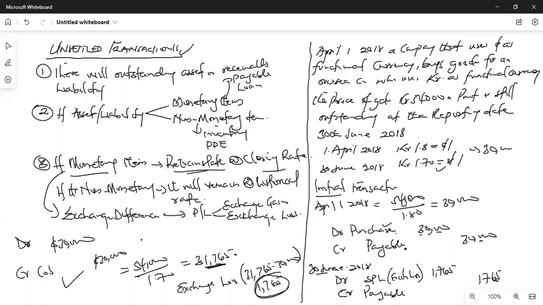So these ones will remain because it's non-monetary. Our payable rather has gone up because it is a monetary item.